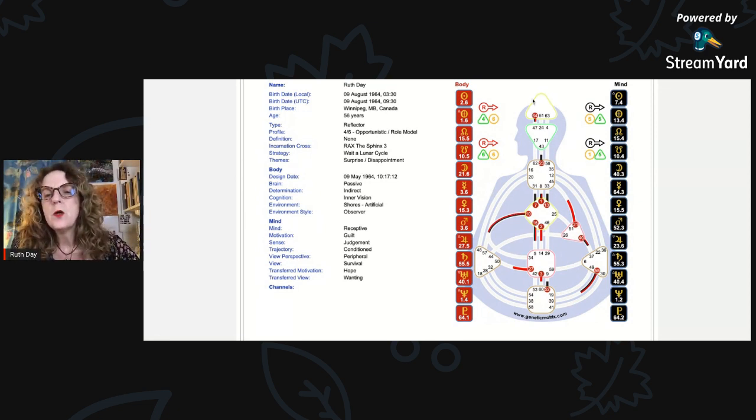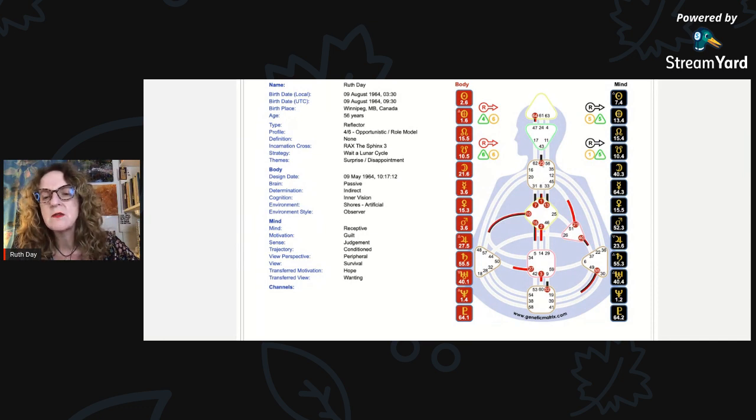So crown for inspiration, mind for thoughts, throat for voice and communication. And you can see the throat has the most gates off of it. There are lots of gates coming off the throat, whereas the crown just has three of them. And these gates will always be the same. Every chart will have these centers and these gates. The numbers on either side are what light them up. And when they join across, they make a channel.